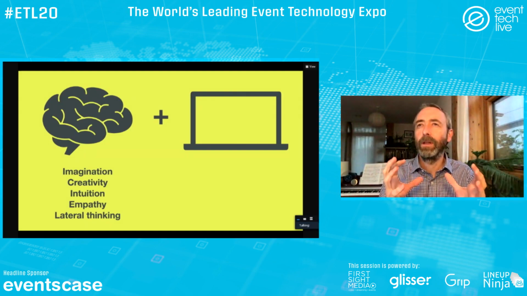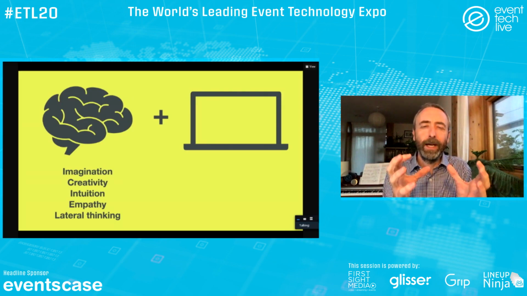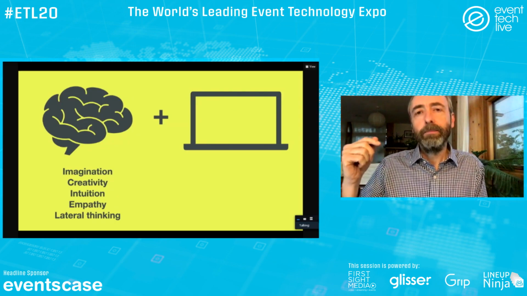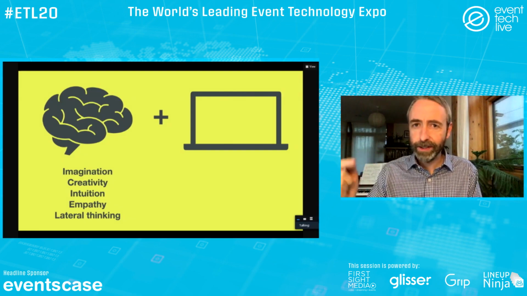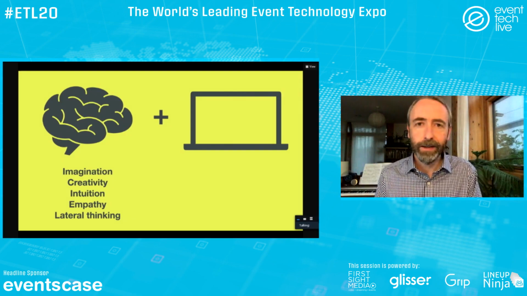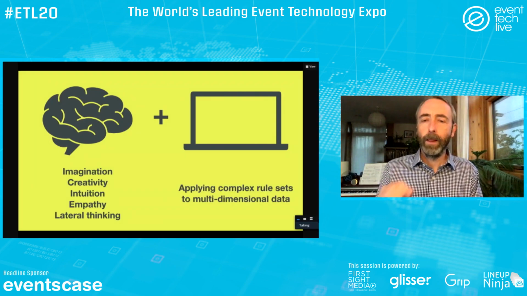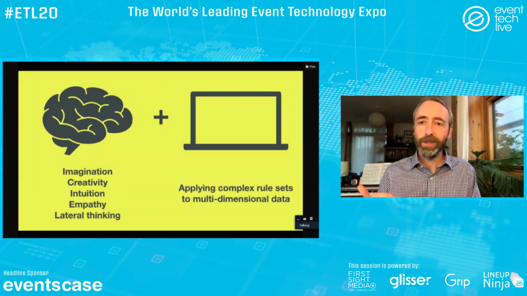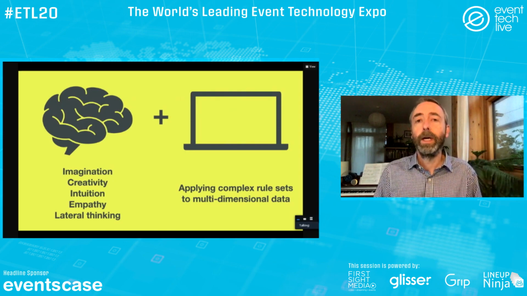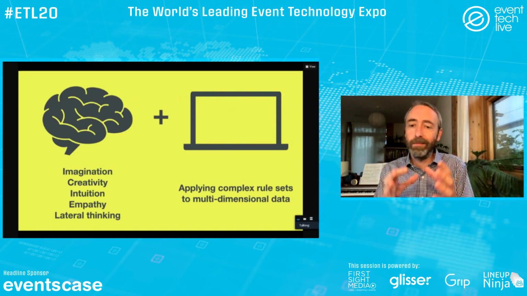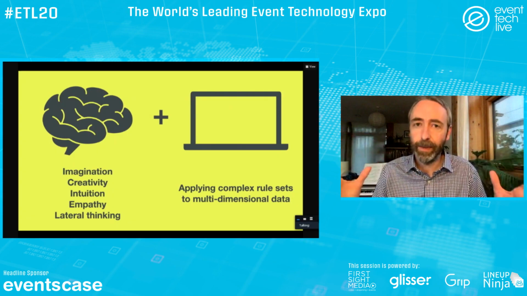It's giving it that extra human touch. But do we really need to be burdened with double checking all these details of whether that speaker's going to be in a panel at the same time or not? And really, computers are far more accurate and faster at applying complex rule sets or multiple constraints across a multi-dimensional data space.